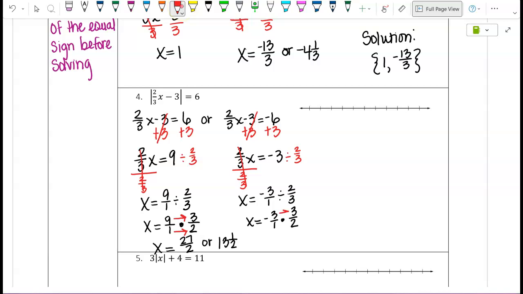And again, I'm going to multiply numerator to numerator, denominator to denominator to get x equals -9/2. What is negative 9/2 as a mixed number?